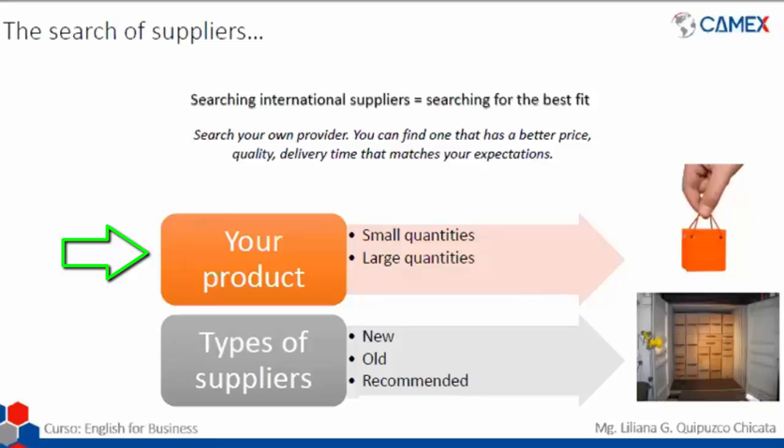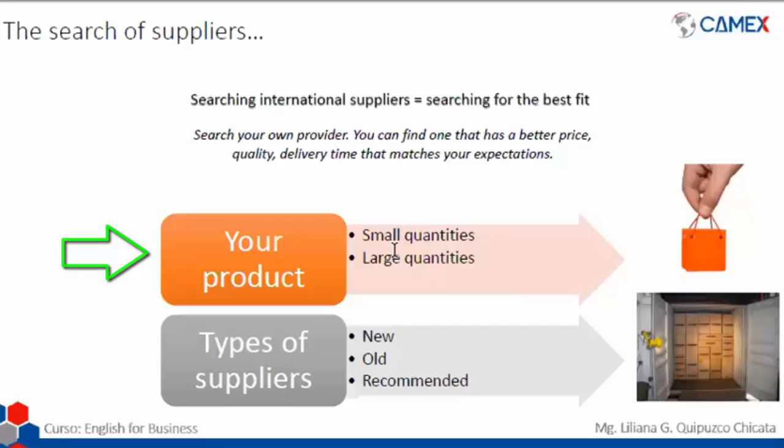Because if you're importing just a few products, it's going to be much cheaper for you to pay for air transport, and also it's going to be best for you because you're going to be able to get the products fast from here to Peru.